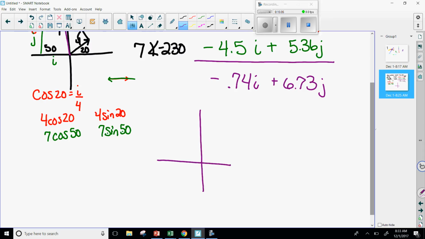It's going to go a little bit this direction. I'm going to over exaggerate. And then it's going to go up here. So how do you find this? This is 0.74. This is 6.73. So what do you have to do to find that piece? Pythagorean theorem. So I'm going to do the square root of 6.73 squared plus 0.74 squared.